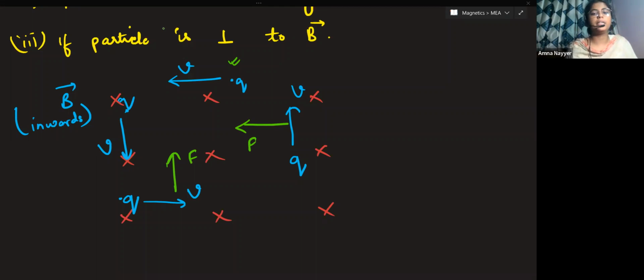Yes, now it will be downwards, said Sumaira. Good, it will be downwards. Who else answered? Khalid and Salman. See, keeping towards the velocity like this, curling inwards towards the magnetic field. Thumb is pointing downwards. And what about the last part?